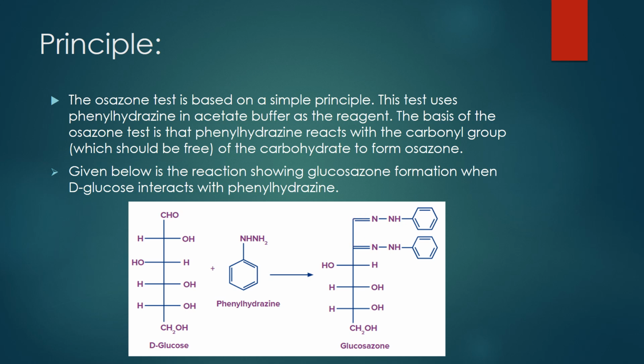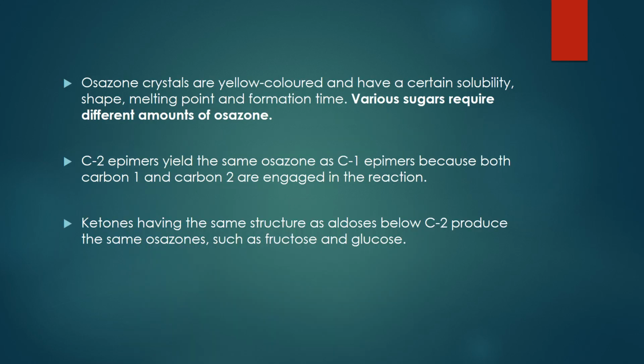Okay, oxazone crystals are yellow colored and have a certain solubility, shape, melting point, and formation time.